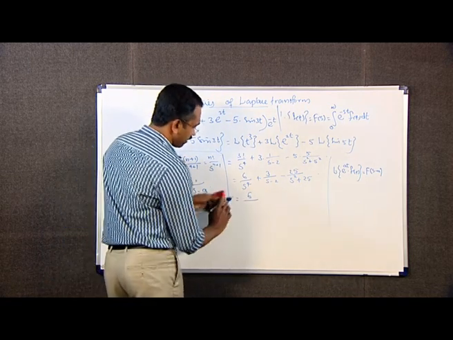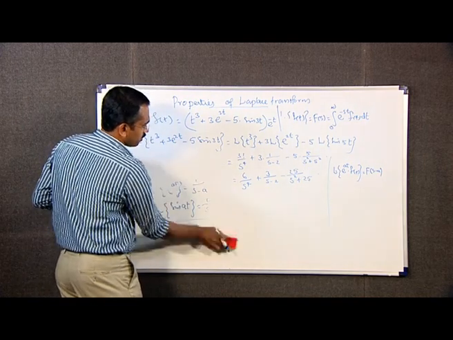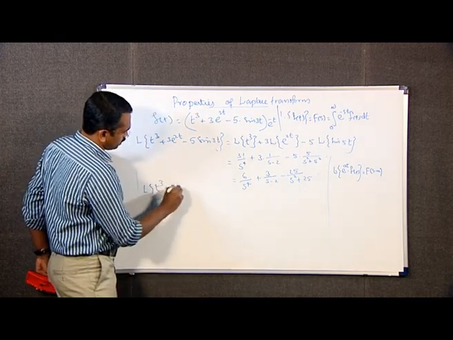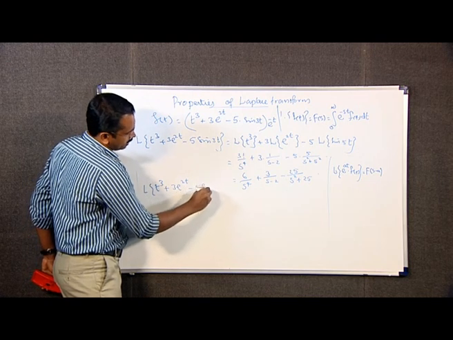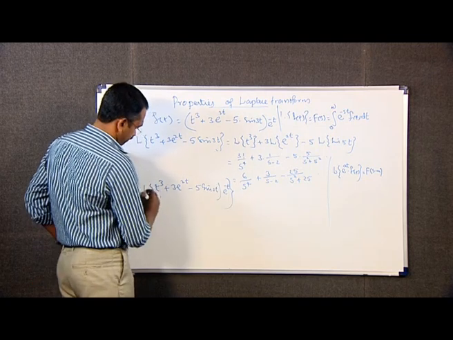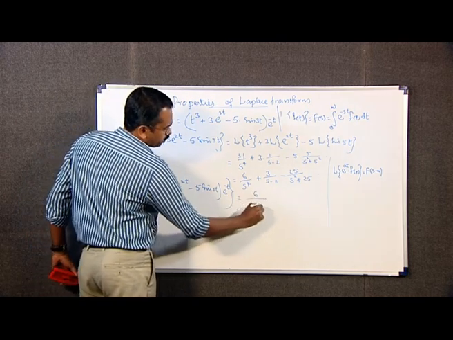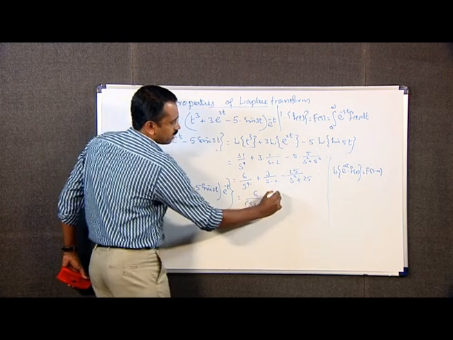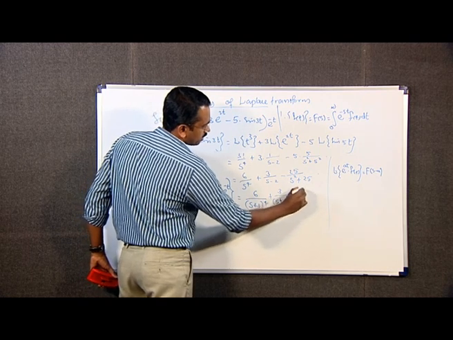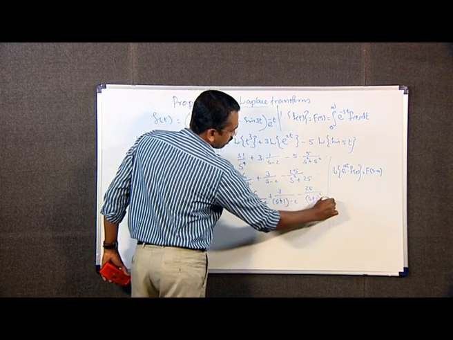Therefore, the corresponding Laplace transform, that is Laplace transform of the given function L of t cube plus 3 e raised to 2t minus 5 sin 3t multiplied by e raised to minus t, is equal to 6 divided by s plus 1 raised to 4 plus 3 divided by s plus 1 minus 2 minus 25 divided by s plus 1 the whole square plus 25.